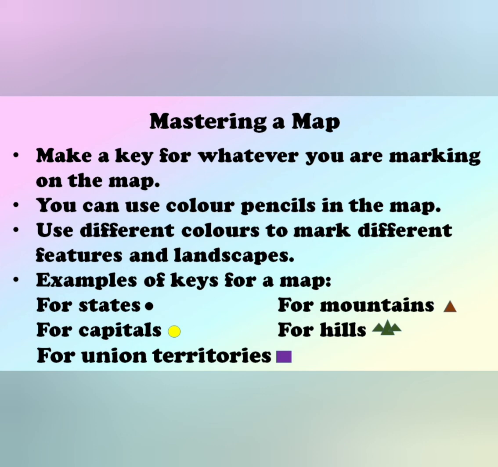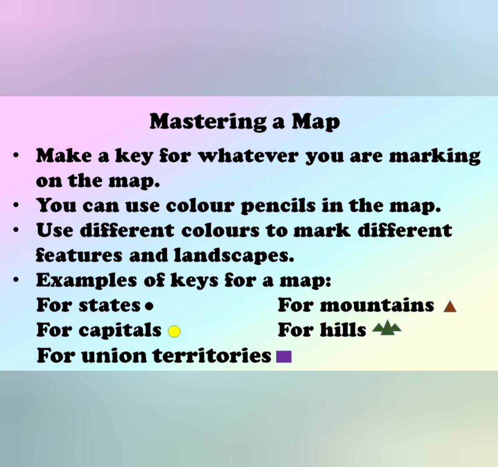The first one is, make a key for whatever you are marking on the map. Now keys in a map are a set of symbols that we use to mark features and landscapes. For example, to show mountains we can use triangles, and to show rivers we can use curved or wavy lines, right? You can also use color pencils in the map.